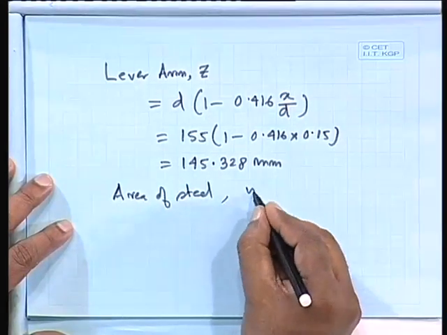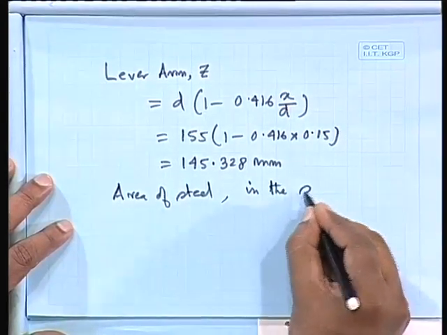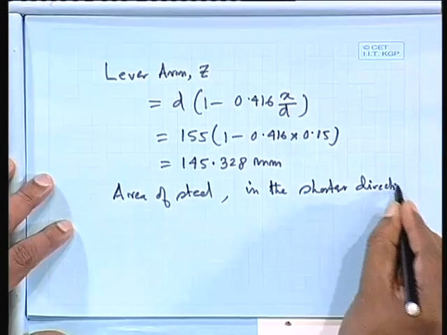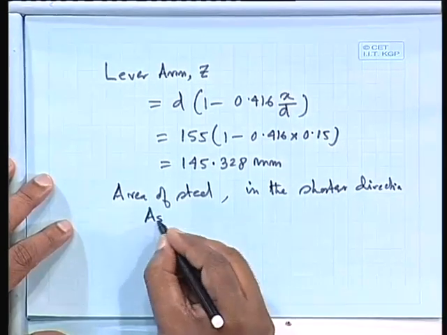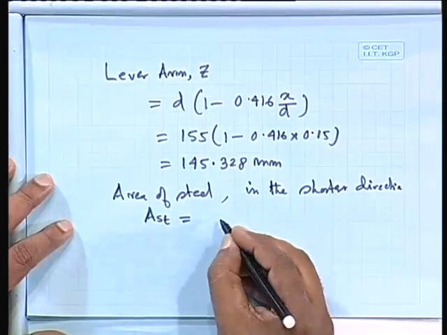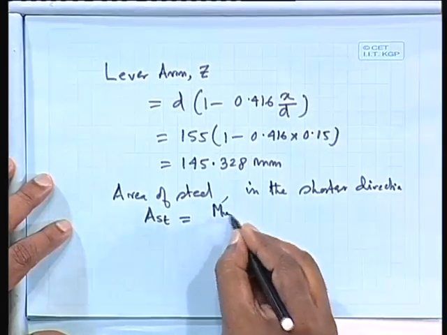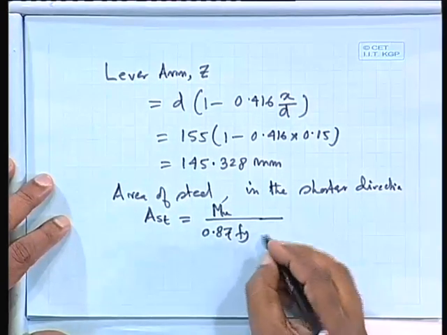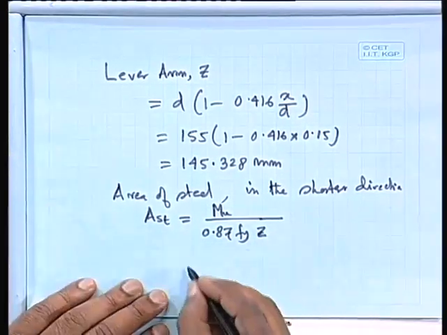Area of steel in the shorter direction. Let us say Ast equals Mu by 0.87 Fy times Z, that is the maximum stress that is permissible. We are going up to that.